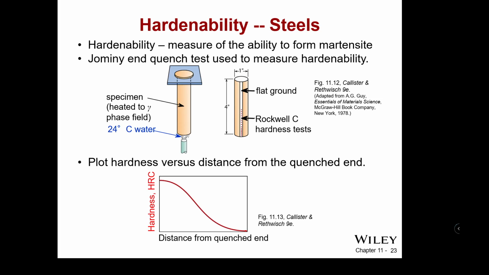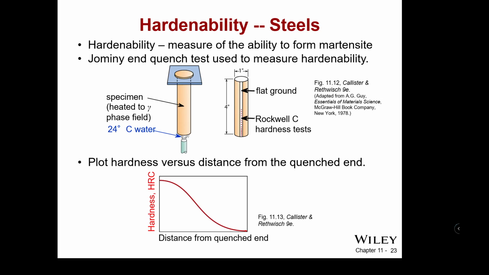So another one that you guys will do this semester is the Jominy end quench test for hardenability. You'll measure the ability to form martensite by the end quench test.